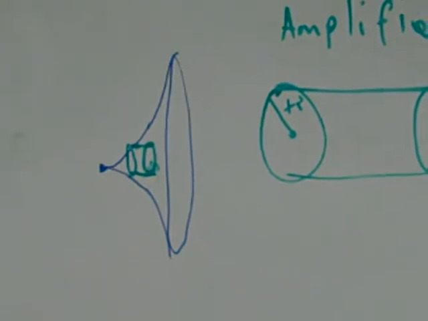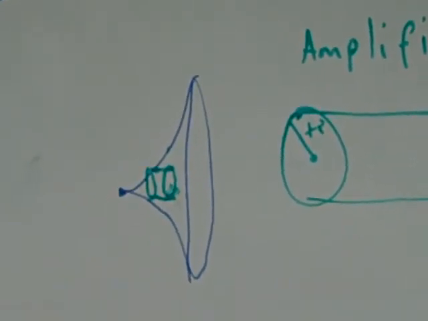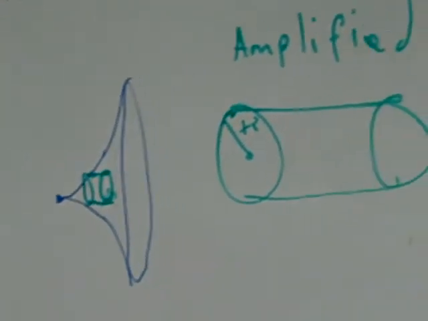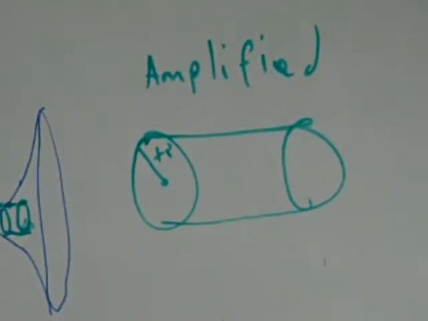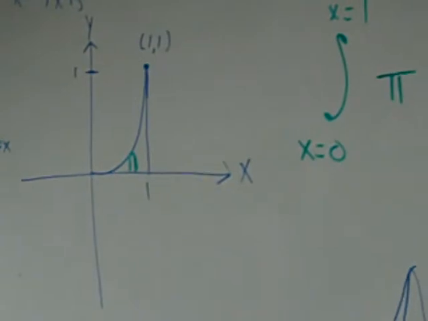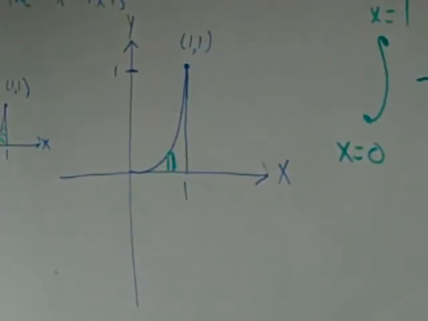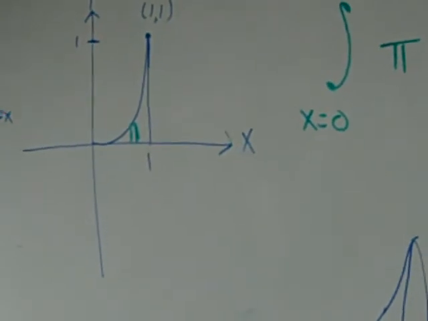We're going to take the limit as these cylinder sizes shrink to 0 and as we increase the number of these little green cylinders. Now, amplified, these little cylinders look like this. If you'll go back and look at the graph, I'm going to move the camera closer so you can see. We're going to rotate this about the x-axis.